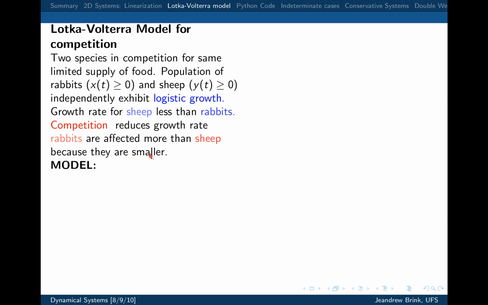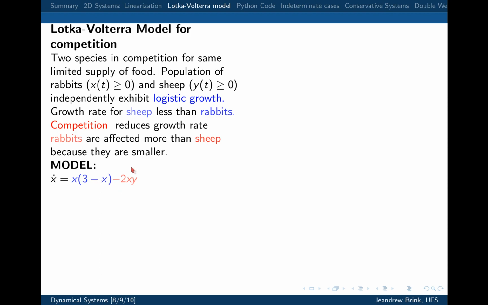And so the model that they made up was basically as follows. Okay, so here is the thing for the rabbits. So you have that logistic growth. Remember, the logistic growth is always quadratic in the population. 3 is roughly the growth rate. Okay, and then here it saturates over here.